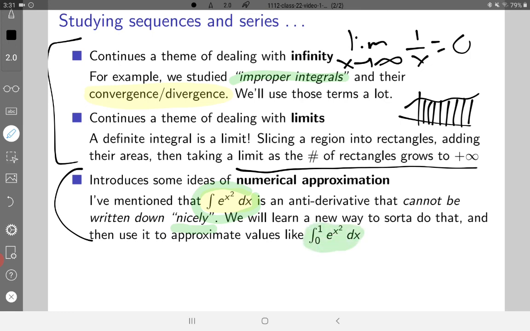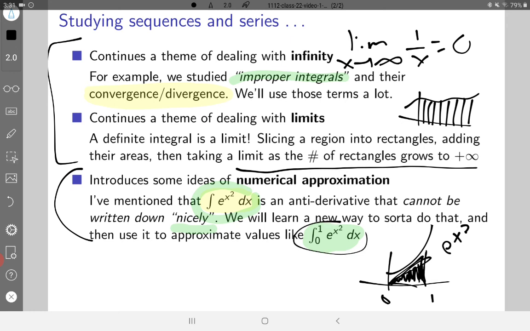We'll find the area under the e to the x squared curve, which looks something very steep like this. We'll be able to answer what is the area under this graph of e to the x squared from 0 to 1. And here's the magical thing. Even though we don't have a way of writing down exactly what that number is, other than saying it's the answer to this problem, we'll be able to estimate that area and declare with 100% certainty how close it is.